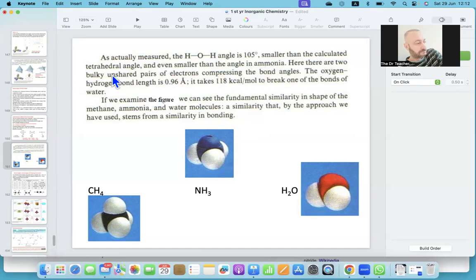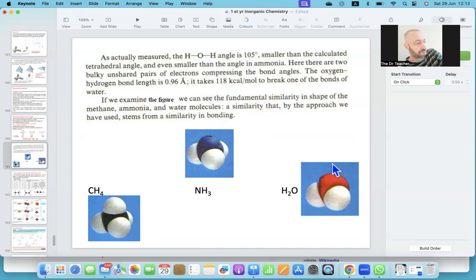Here there are two bulky unshared pairs of electrons compressing the bond angle. The oxygen-hydrogen bond length is 0.96 angstrom. It takes 118 kilocalories per mole to break one of the bonds of water. So this is all the strength in the water. The angle measured between hydrogen, oxygen, hydrogen is 105 degrees.